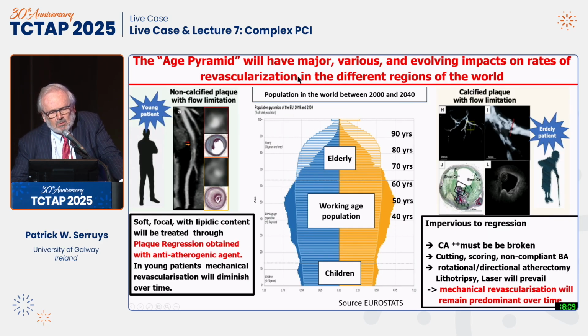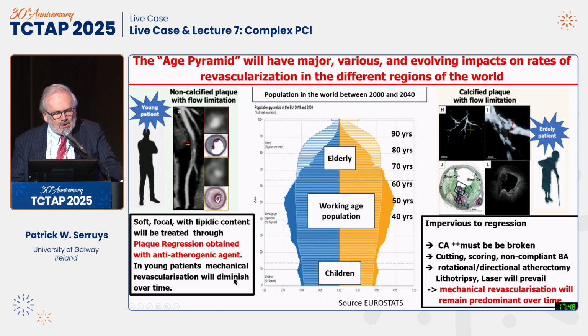The age pyramid will have major various and evolving impact on rate of revascularization in the different regions of the world. Young patients with non-calcified plaque and with flow limitation with soft focal lipidic content will be treated through plaque regression obtained with anti-atherogenic agent.